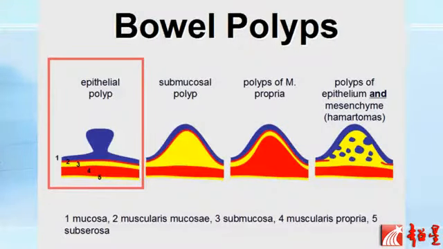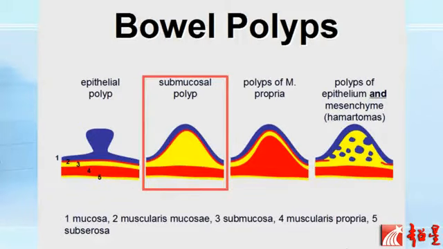So this is the model of polyp. We can see 1, 2, 3, 4, 5, these different layers. And here is the polyp. This polyp is an epithelial polyp, from epithelial cell proliferation.